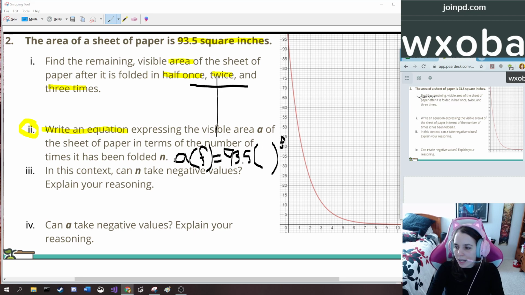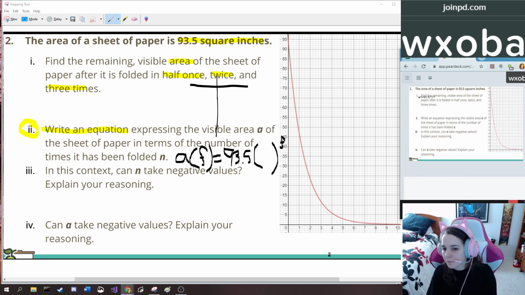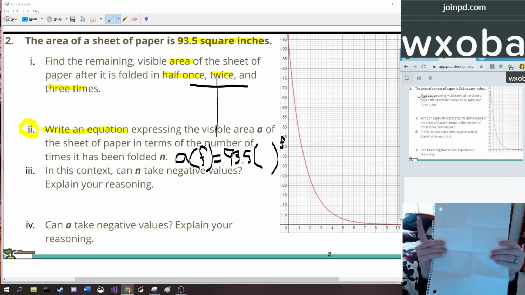Okay, so I know the area is my output, and area is a function of folds. My starting area is 93.5. How much is it going to change by depending on the number of folds? So think about it.